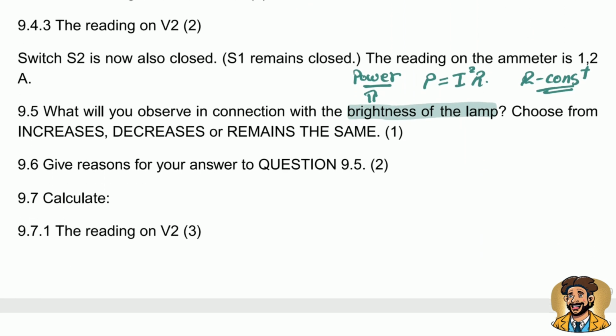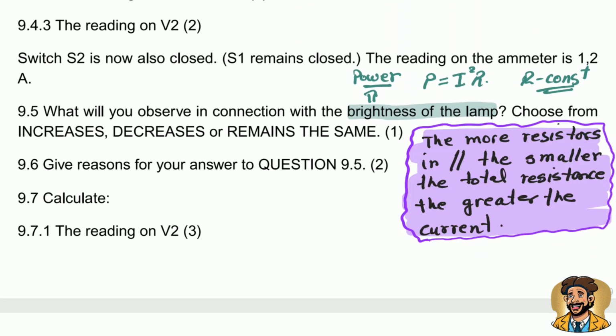I did put the note once more here. The more resistors in parallel, the smaller the total resistance, the greater the current. So if current increases, power will also increase, and therefore the brightness will increase. So the answer here is increase. There we go. That is the correct answer. So the brightness will increase.